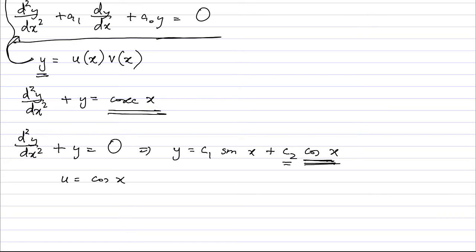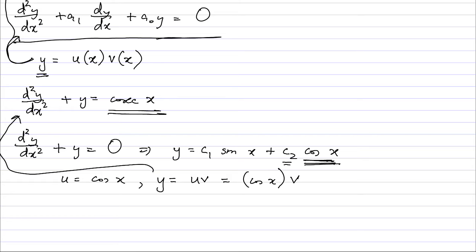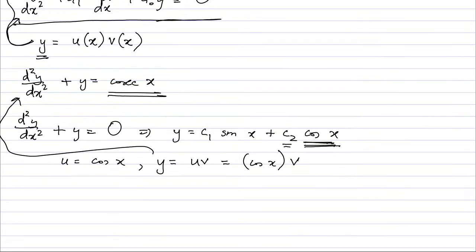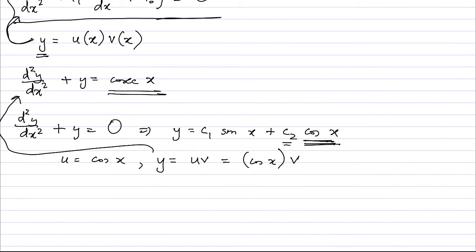I set u equal to cosine x, and then y is equal to uv, which is cosine of x times v. This is going to be my substitution in this differential equation, and as I'll show you, I'll then get a differential equation for dv by dx.